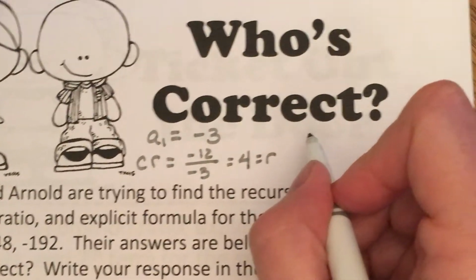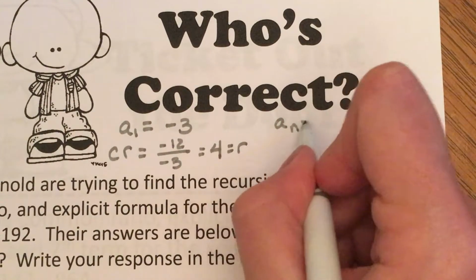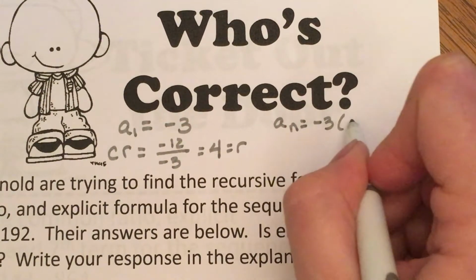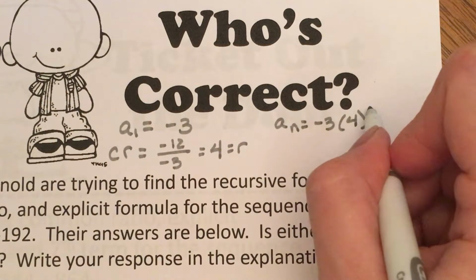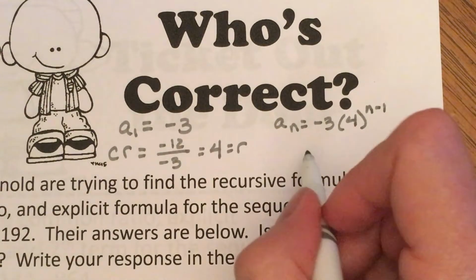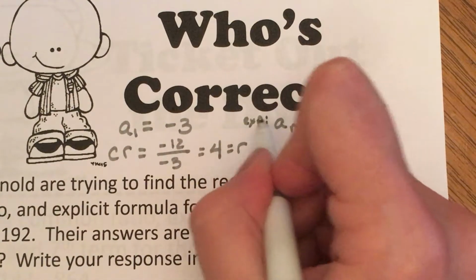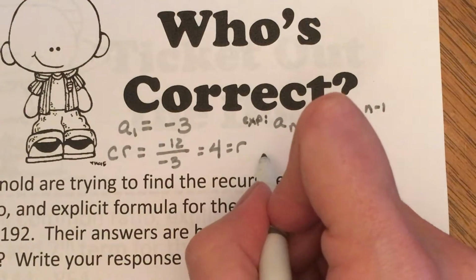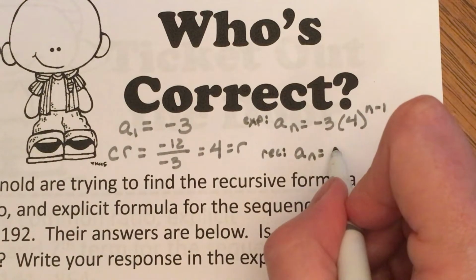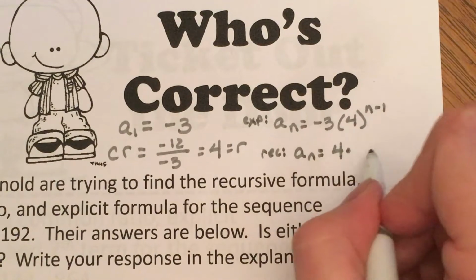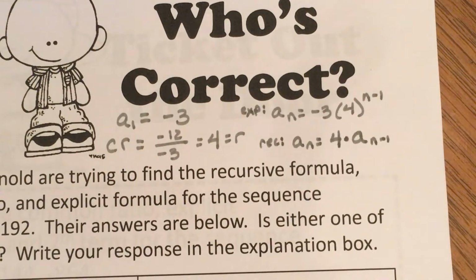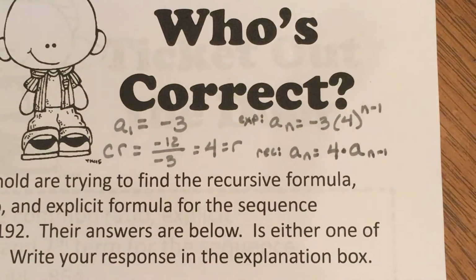So we know that a sub n for the explicit will be your initial value times your ratio to the n-1 power. We know that the recursive will be a sub n, where the ratio was 4 times the previous value of a sub n-1. That's what it should be.